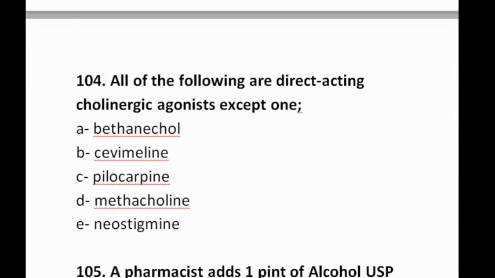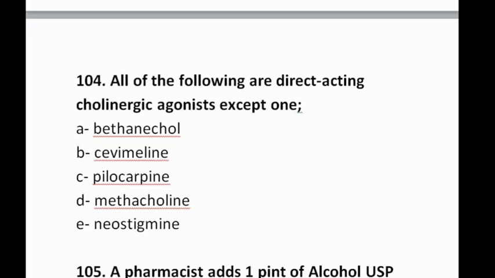Now the 4th MCQ: all of the following are direct acting cholinergic agonists except one. So options are there: bethanechol, savimeline, pilocarpine, methacholine and neostigmine. Actually if we know the direct acting cholinergic agonists, we can identify the one which is not a direct acting cholinergic agonist.